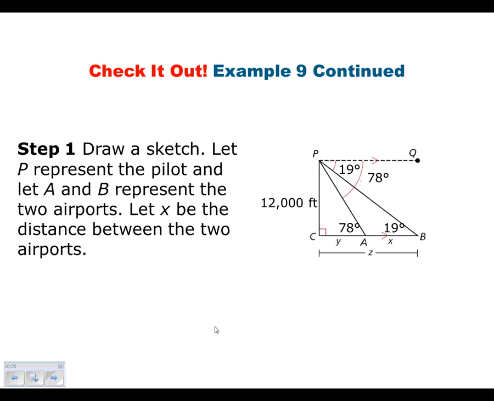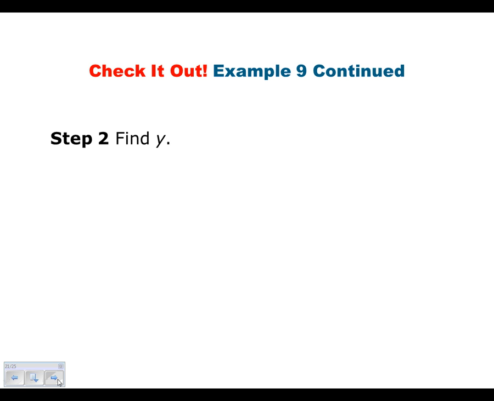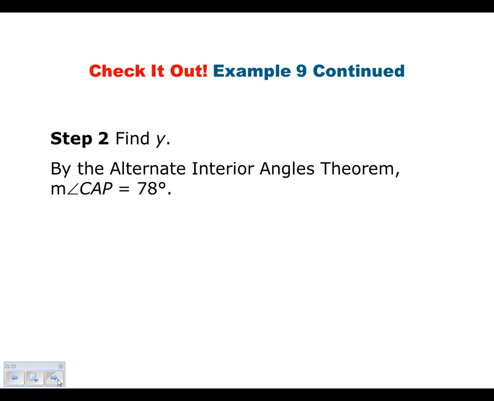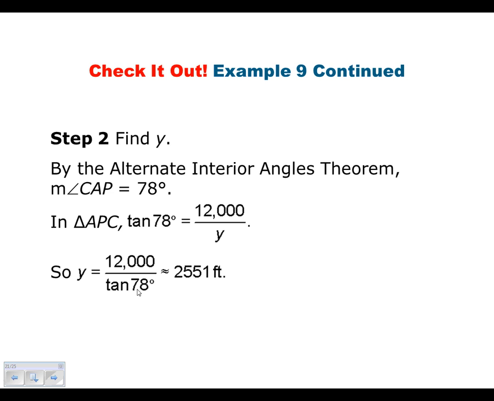By sketching the diagram, we have AC equals y, AB equals x, and BC equals z. Firstly, we have to find y. Angle CAB equals 78. So tan 78 equals 12,000 over y. So y equals 12,000 over tan 78, which is 2,551 feet.